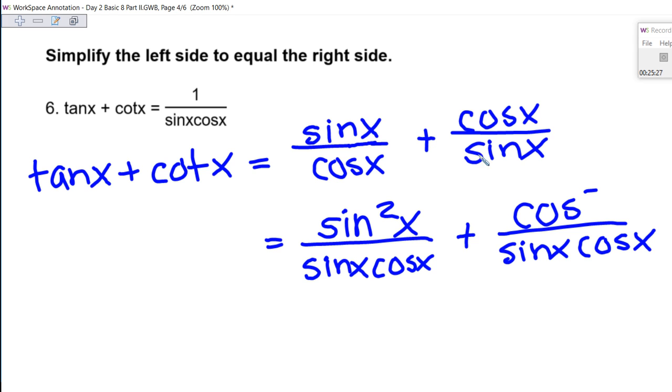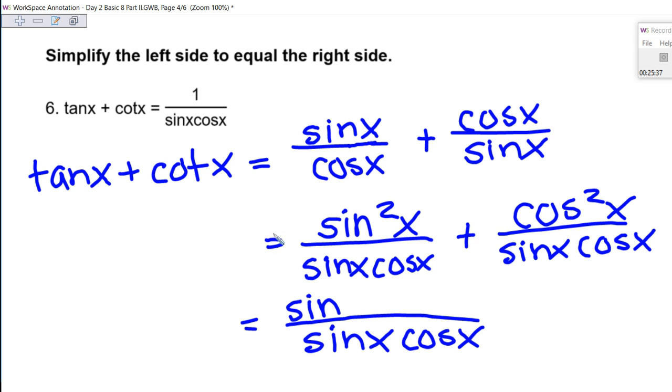Cosine squared. Now I can combine them into one. So that has sine squared plus cosine squared, which is equal to 1 over sine of x cosine x.